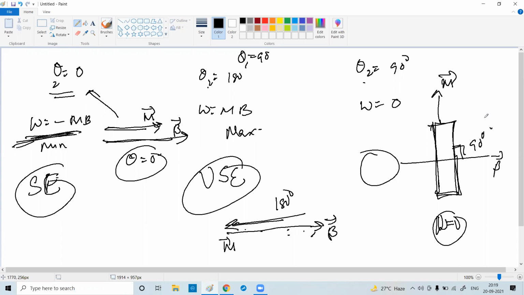The potential energy of a dipole is defined as the work done in rotating the dipole from the perpendicular direction to any given direction.